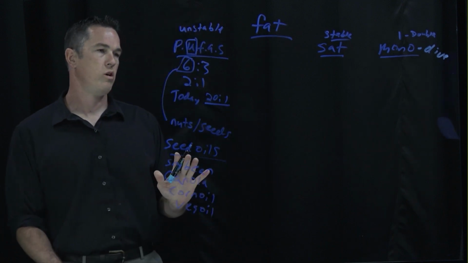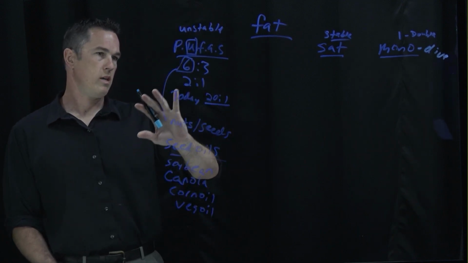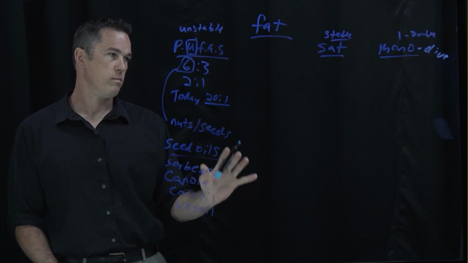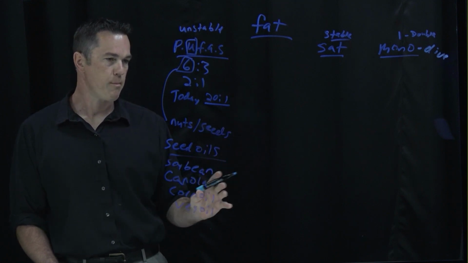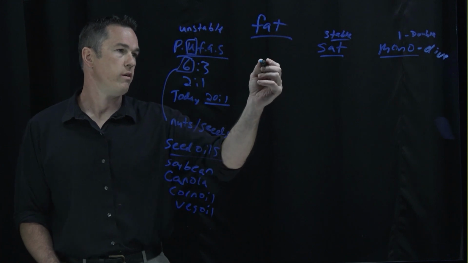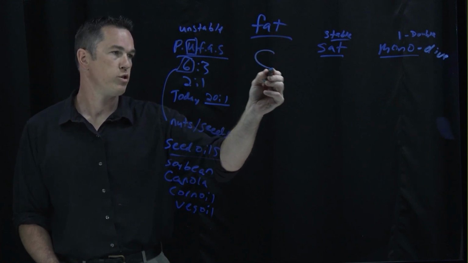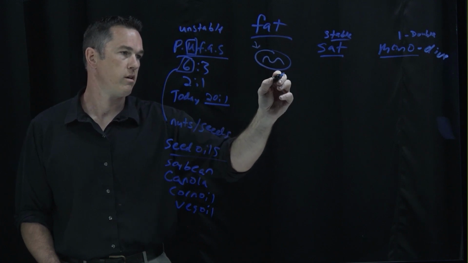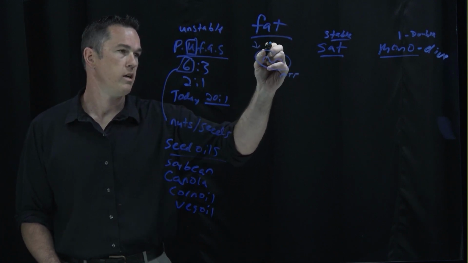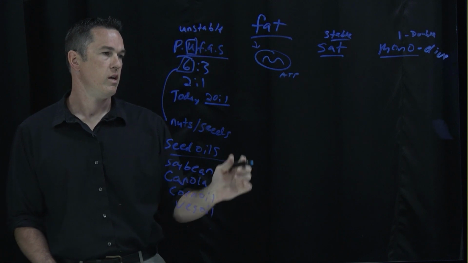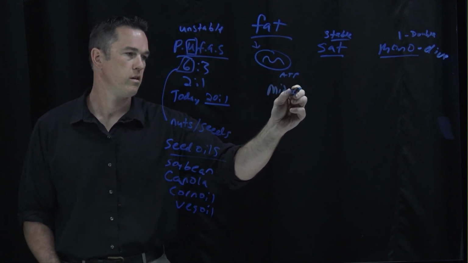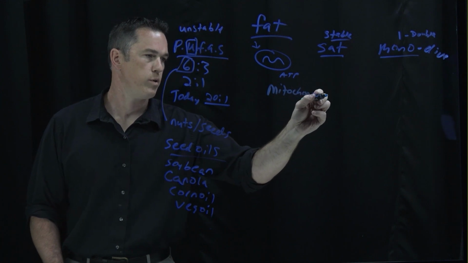Okay, and what I wanted to show you is what these different fats are doing to your metabolism, your appetite, and those kinds of things. So in every cell in your body, you have this little football-shaped thing called the mitochondria. The fat comes in and out comes ATP, okay? This is like the powerhouse of the cell. So we want to know, like, what are these fats doing to our mitochondria output?